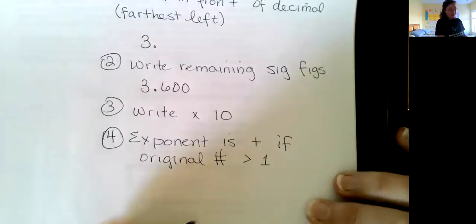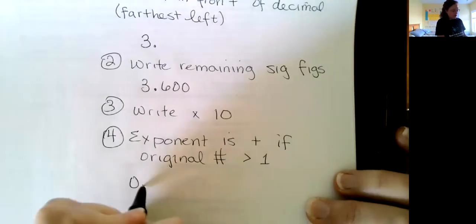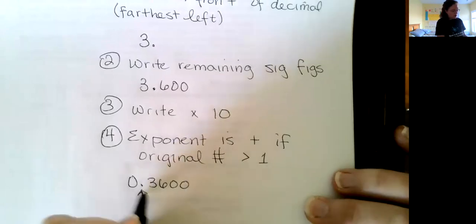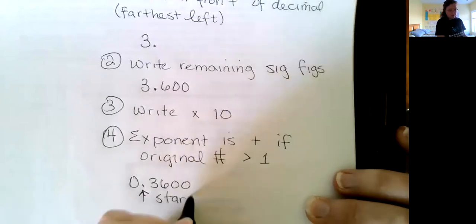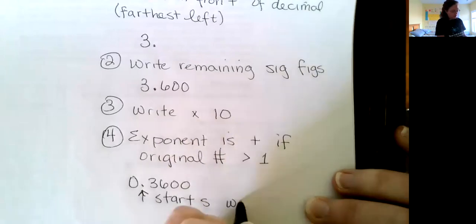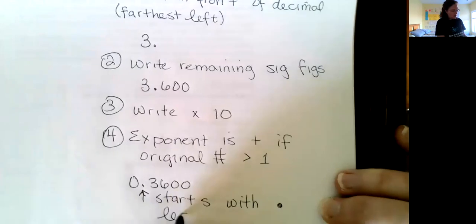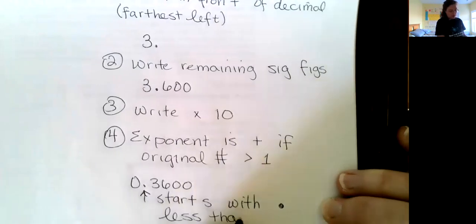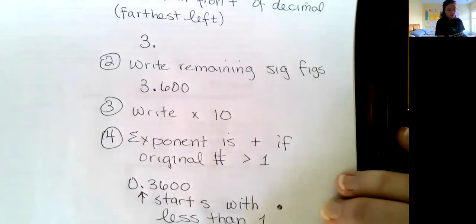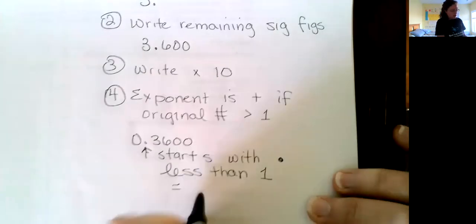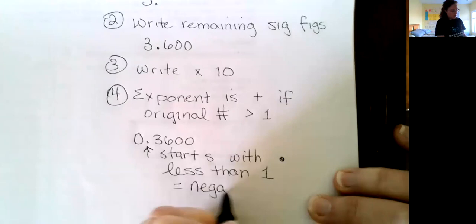That doesn't work for us. 0.3600, this guy starts with the decimal. It's less than 1. Okay, that means we need a negative exponent.